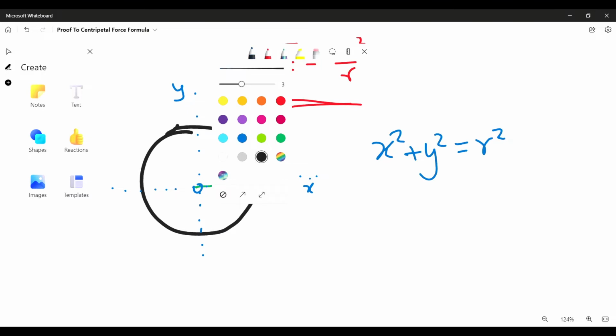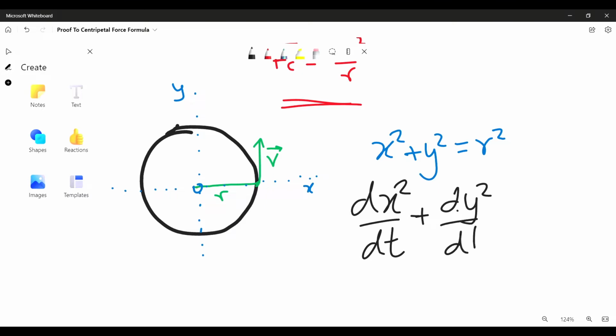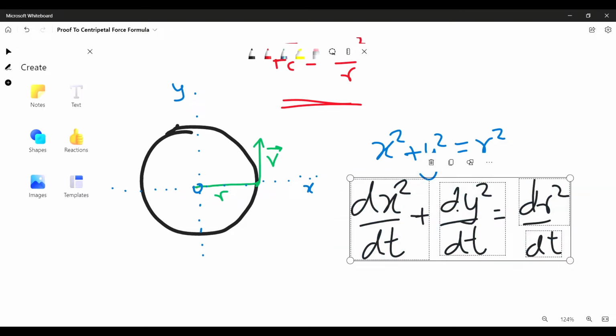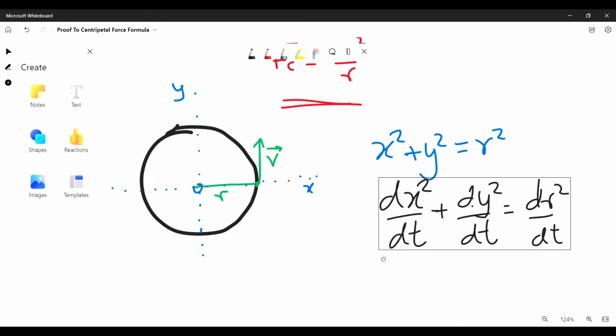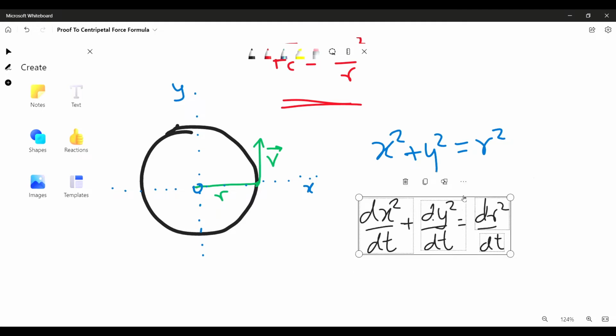If we take the derivative of both sides with respect to t, this is what we get.